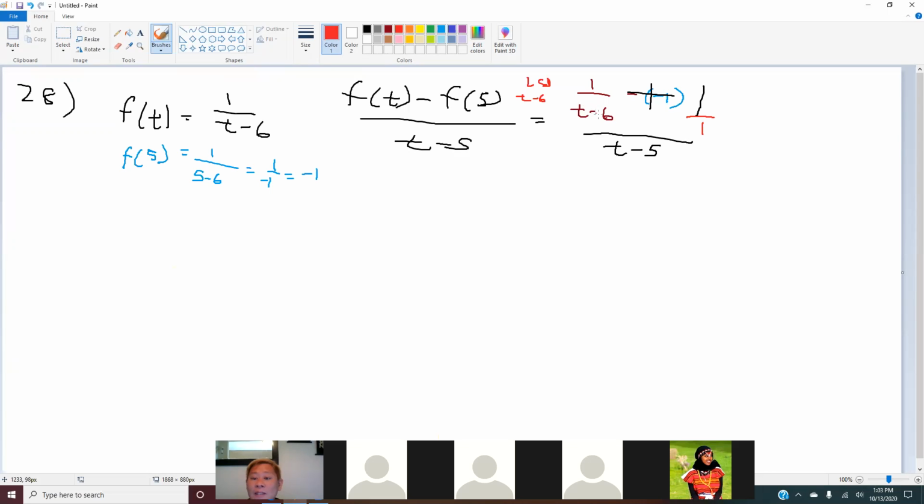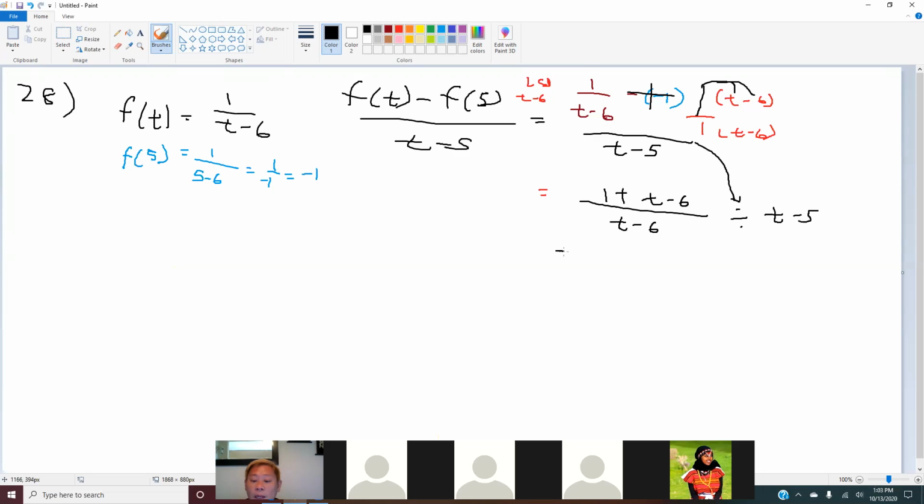This already has t minus 6, so you have to multiply this by t minus 6. Your denominator is t minus 6. Your numerator is 1 plus, because this has become plus. If you distribute this, you will get t minus 6. And then you divide this by t minus 5. So I changed this to become a division sign like that.